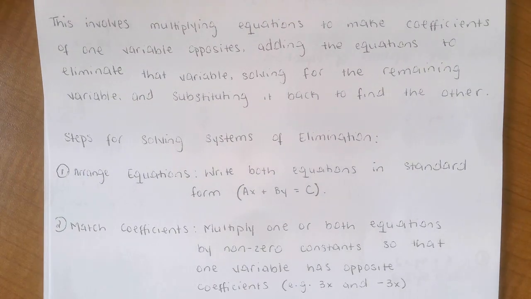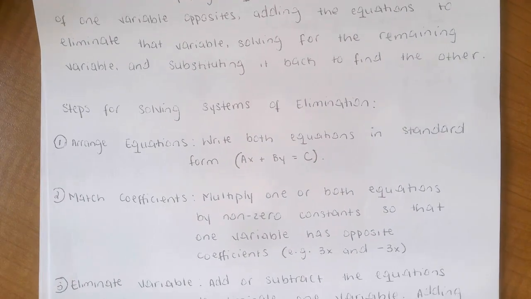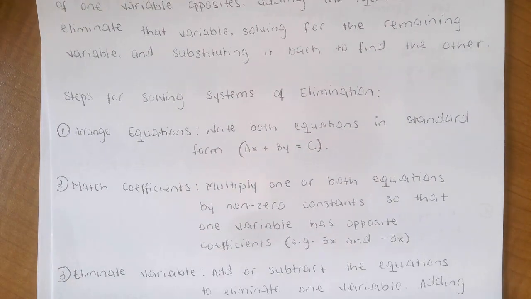Okay. Steps of solving systems by elimination. 1. Arrange equations. Make both equations in standard form. 2. Match coefficients. You're going to multiply one or both equations by non-zero constants so that one variable has opposite coefficients.